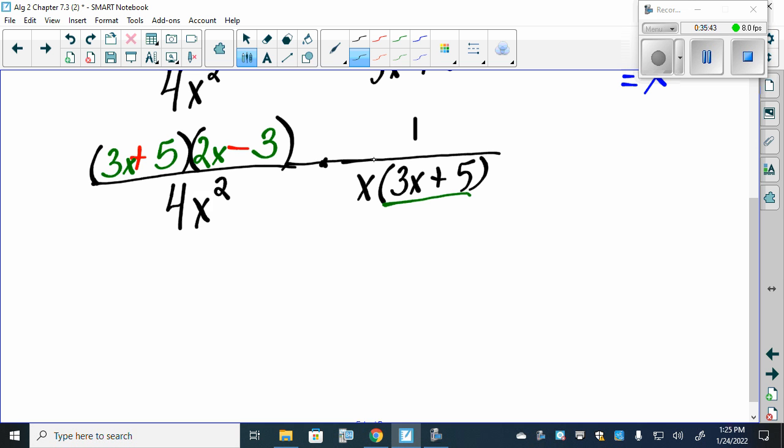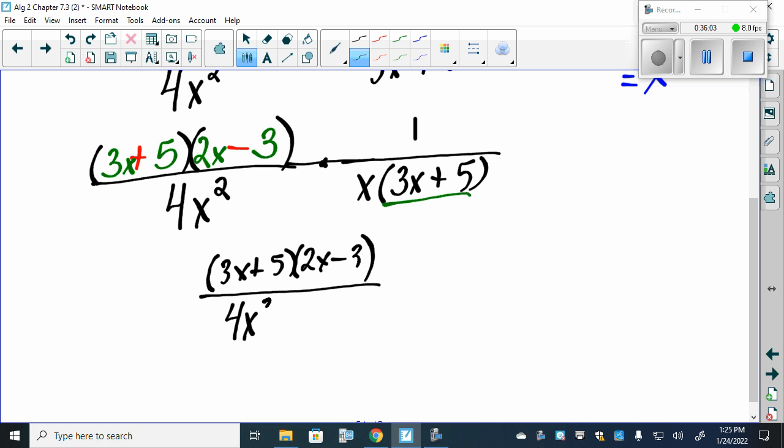Now we can multiply and simplify. I'm just going to multiply together. 3x plus 5 times 2x minus 3 times 1 will actually just give us this here. I'm writing this out because if we look at the bottom, 4x squared times x is 4x cubed times 3x plus 5.